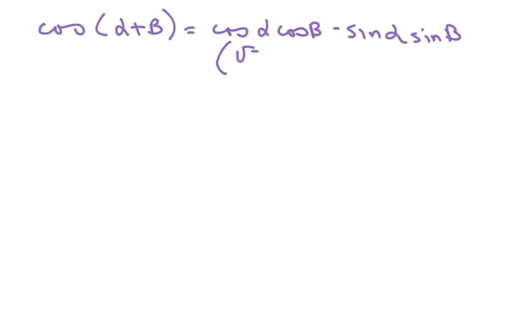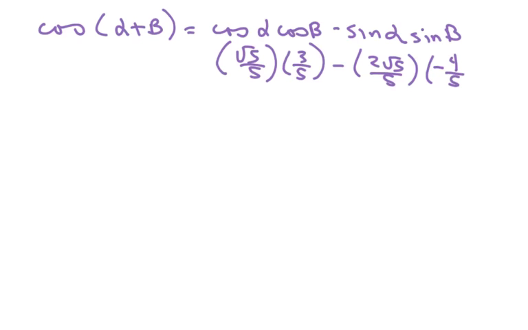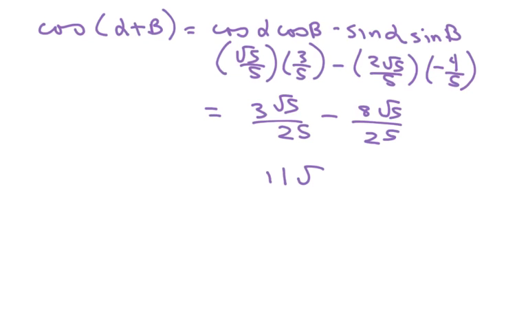So this is square root of 5 over 5 times 3 over 5 minus 2 square root of 5 over 5 times negative 4 over 5. And when you simplify that out, you get 3 square root of 5 over 25 minus negative 8 square root of 5 over 25. And that leaves you 11 square root of 5 over 25.